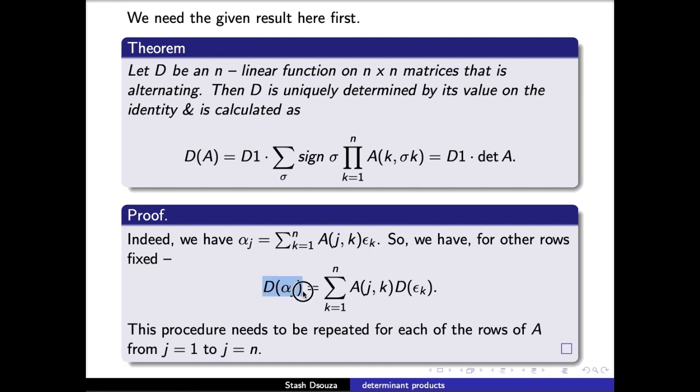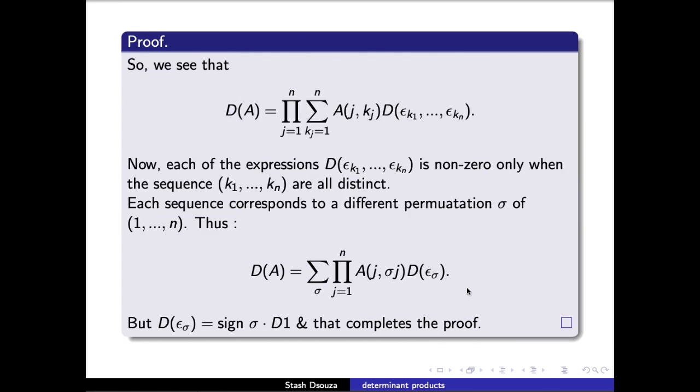It needs to be repeated and completed for all of the other rows of the matrix A, from j equals 1 to n. So as we keep pulling out these coefficients a_jk for each of the rows j of the matrix A, what we have is a product as follows.